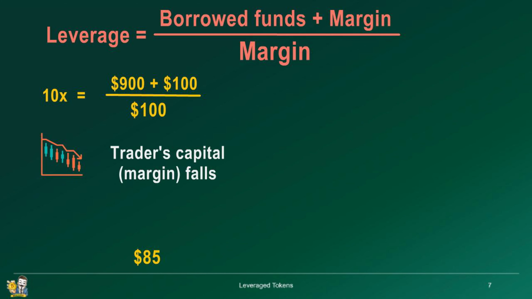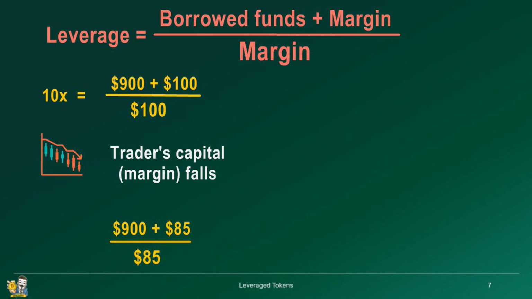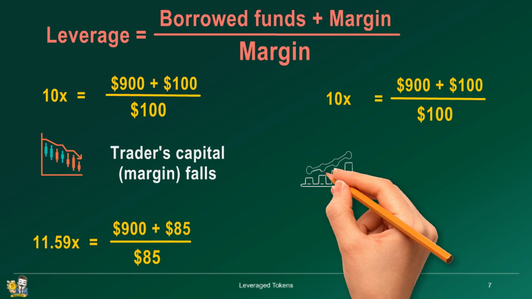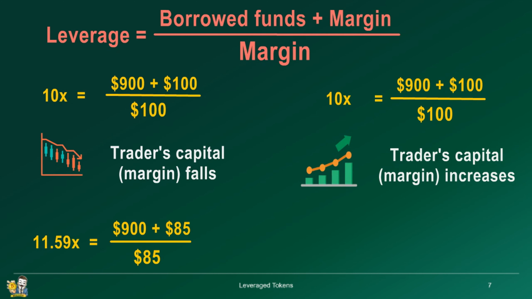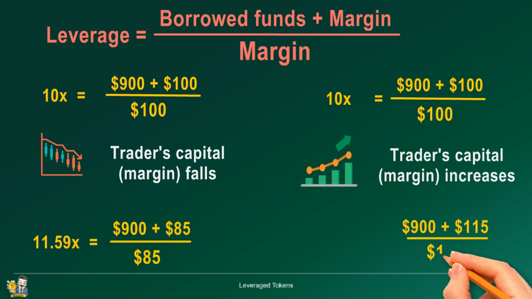Your margin becomes $85, your borrowing is still $900, and so the new leverage is equal to 11.59. Your leverage has increased. In the same way, let's imagine that the price moves in your favor and your capital increases. Your borrowing is still $900 and your margin becomes $115. Your new leverage is 8.83.